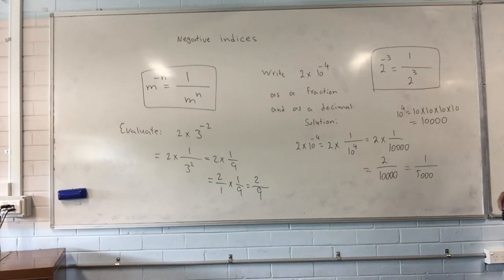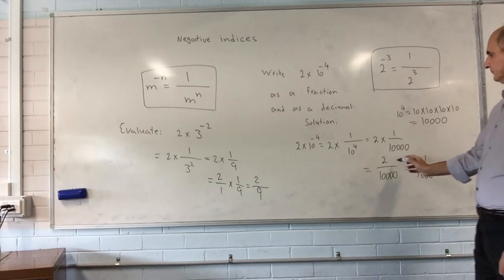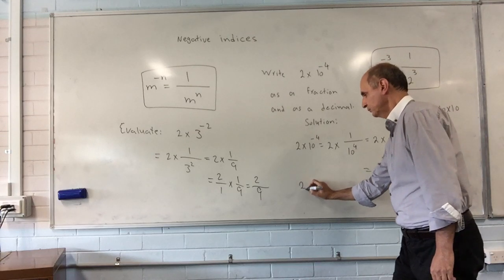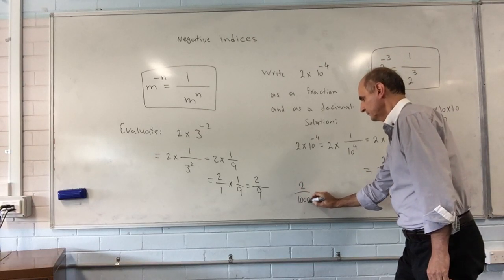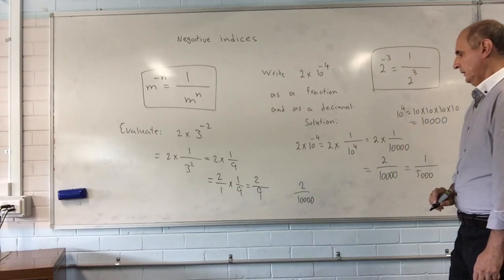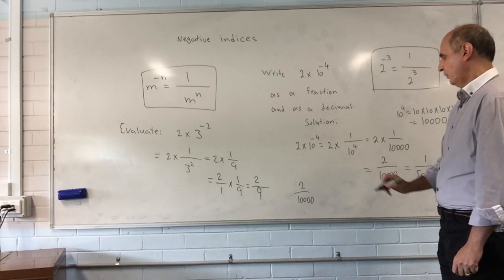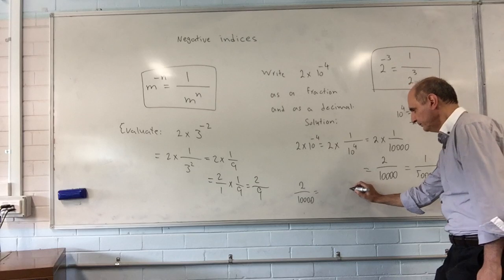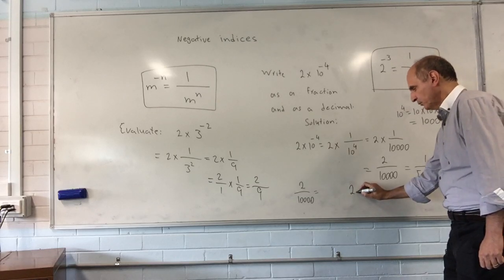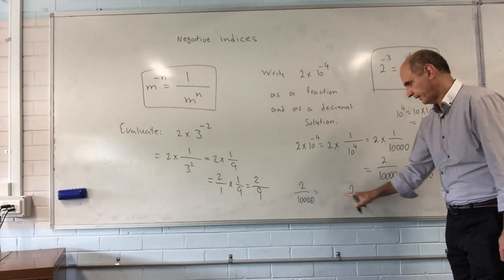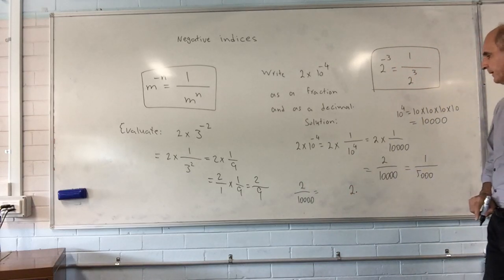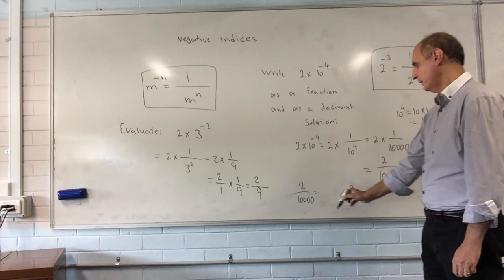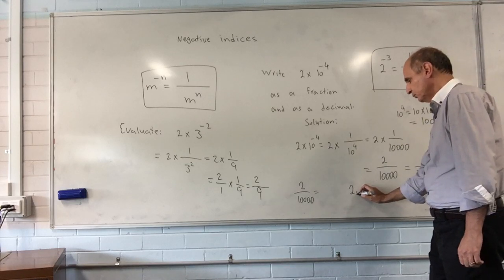In the form of a decimal, I had 2 over 10,000. Looking at the numerator, that's 2, and I can put a decimal point after it. For every 0 in the denominator next to the 1, I move the decimal point to the left.